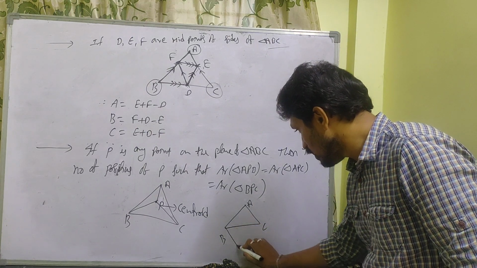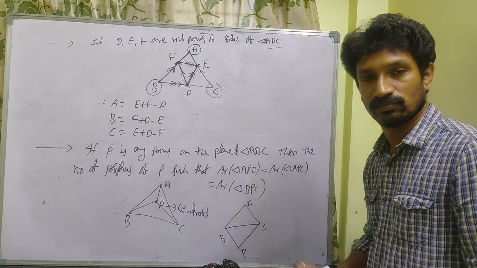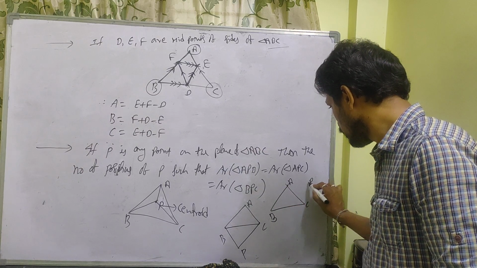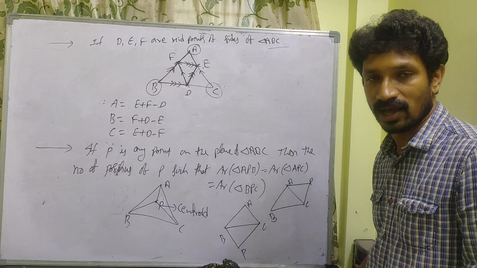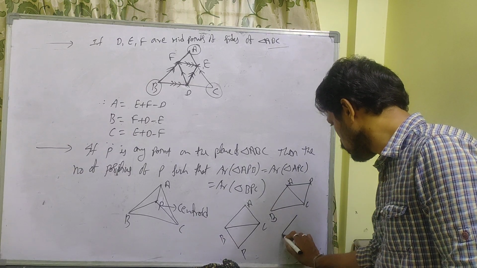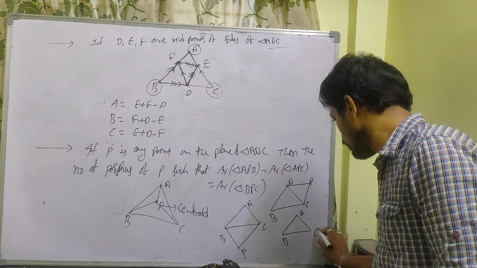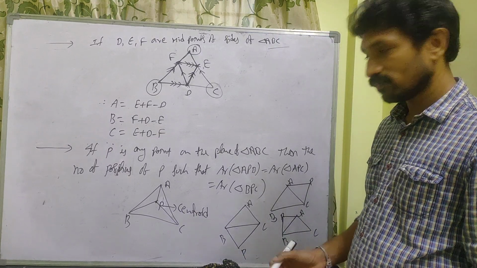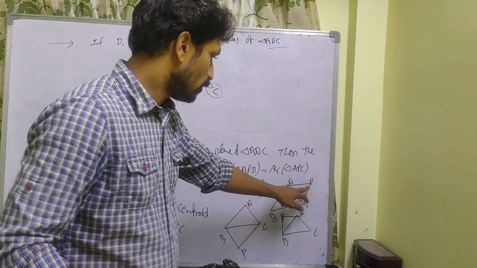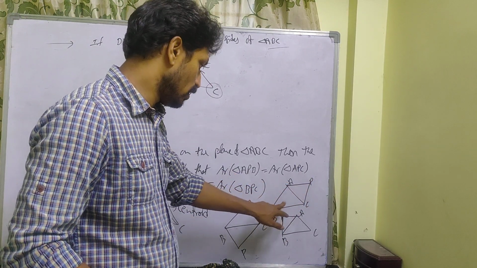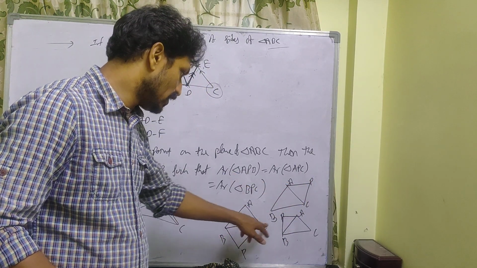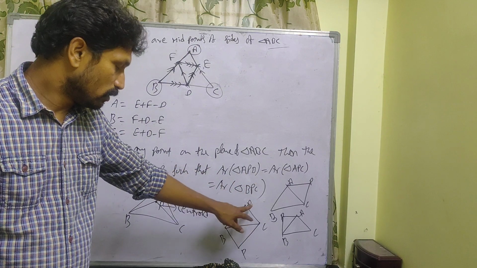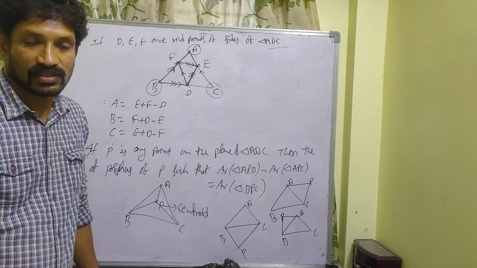That means maybe here P, or if you take ABC, here P, satisfying parallelogram conditions. So whenever ABCP or ABPC or APBC forms a parallelogram, then those parallelograms satisfy these three conditions.